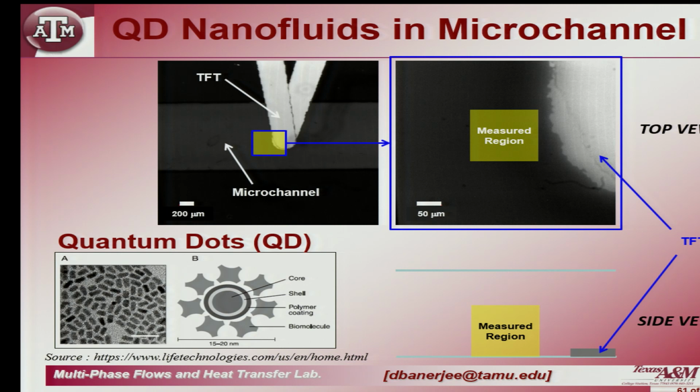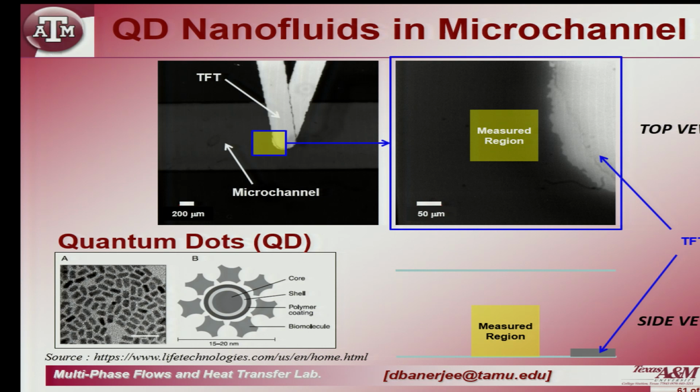So in one case I pushed a dye which is not a nanoparticle, and I looked at the temperature gradient by measuring the amount of emission coming out of the dye, because the amount of emission from a dye is proportional to the temperature. In the other case, I put these nanoparticles called quantum dots, and the light coming out of a quantum dot is again a function of temperature. Okay, you excite it with a laser and then you measure the emission coming out.